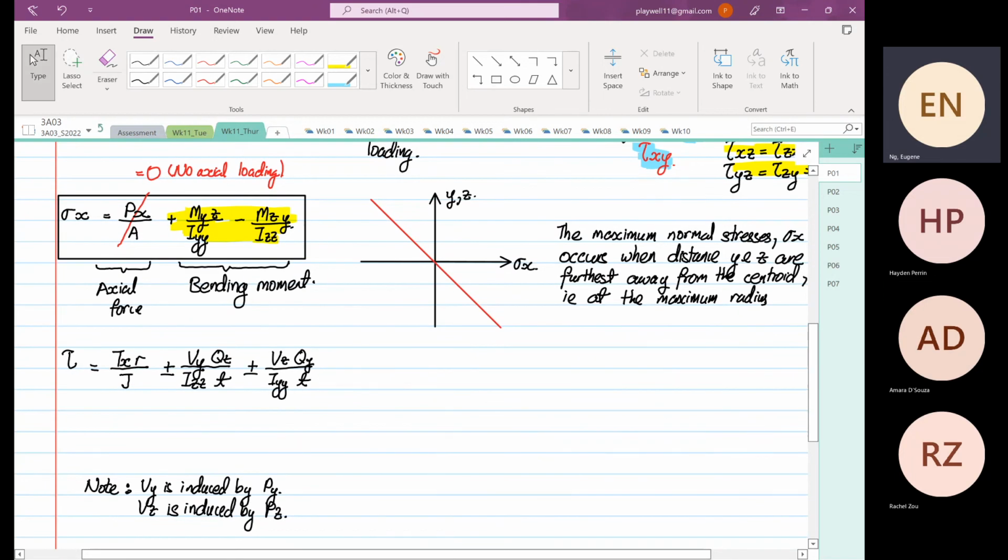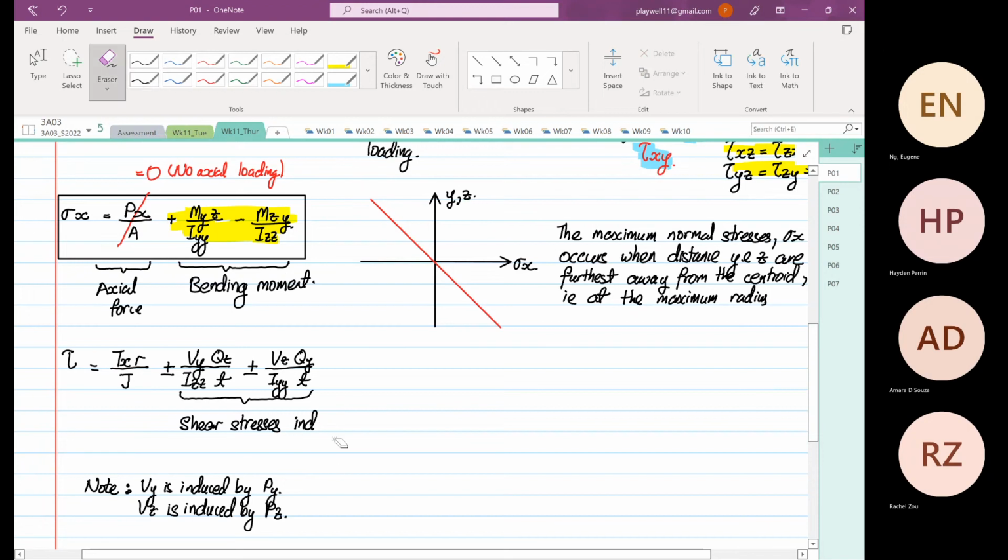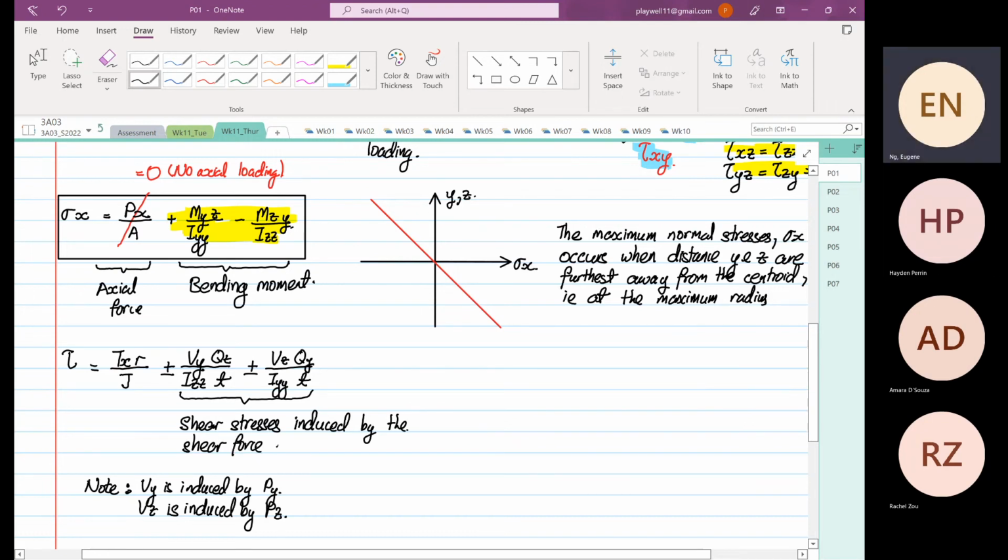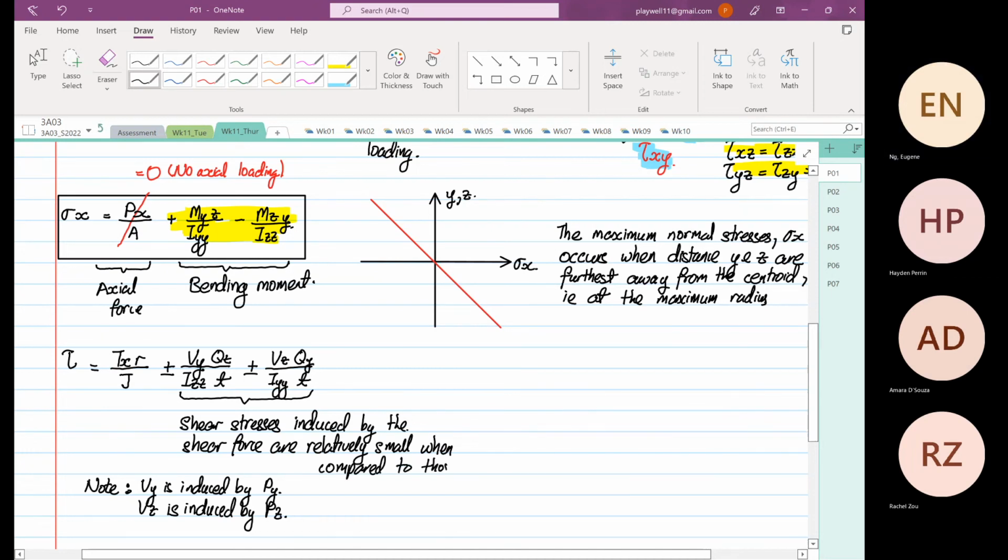And in terms of shaft design, the stresses or shearing stress induced by the shear force are relatively small when compared to those induced by the torque.